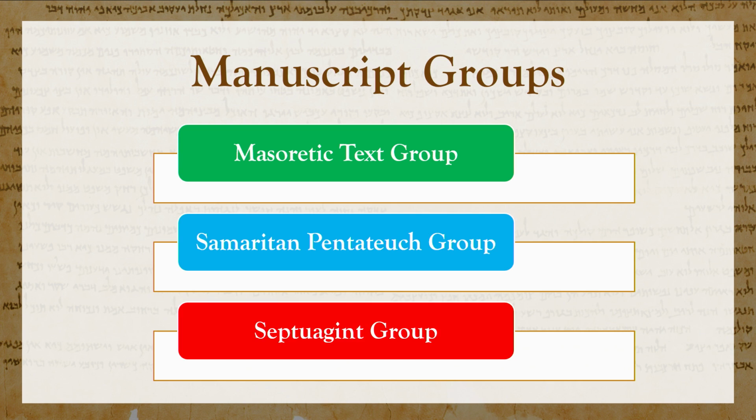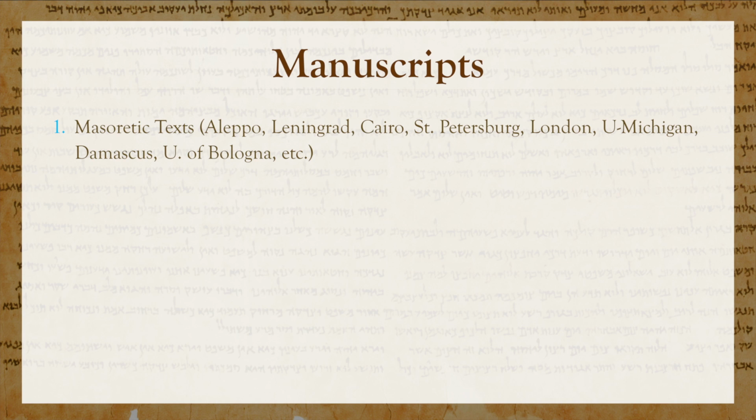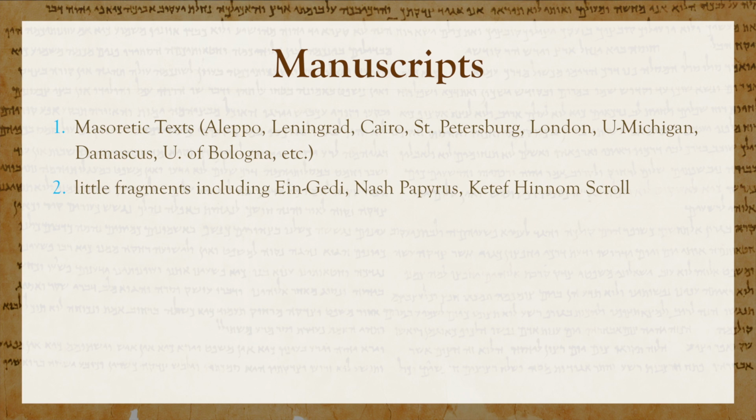We may only have three groups of manuscripts, but when we think about the manuscripts themselves, we have the Masoretic Text. We've already looked at the Aleppo, the Leningrad, Cairo, London, Michigan, Damascus, University of Bologna, and so on. And then we have little fragments like in Getty, Nash Papyrus, Ketef Hinnom Scroll. And then we also have hundreds of more in the Cairo Geniza.